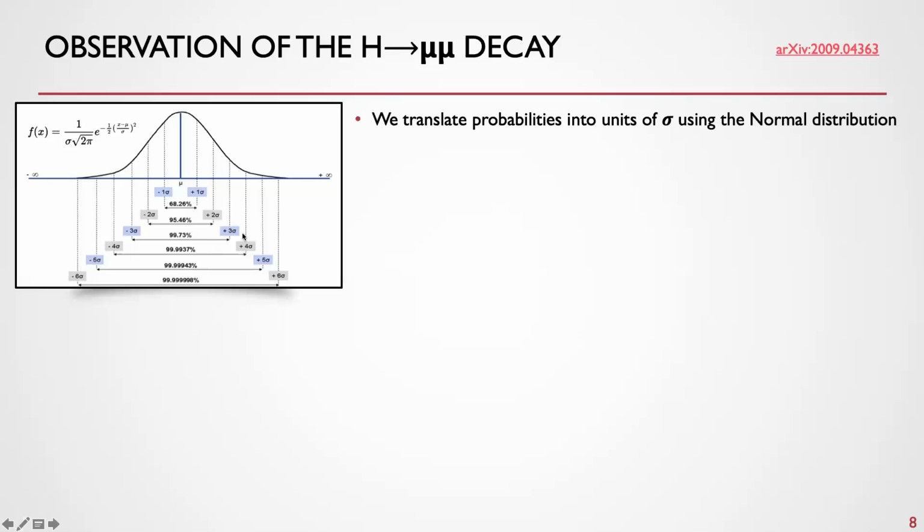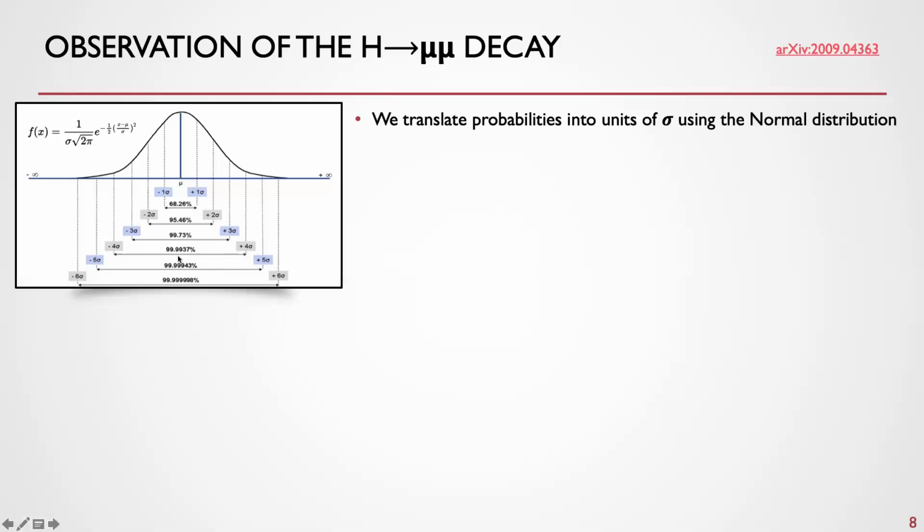So with 3 sigma, we talk about observation. If the probability of an observation of a process to be wrong is less than 1 in 1,000, we say we have a 3 sigma confidence in our observation. 5 sigma is discovery.